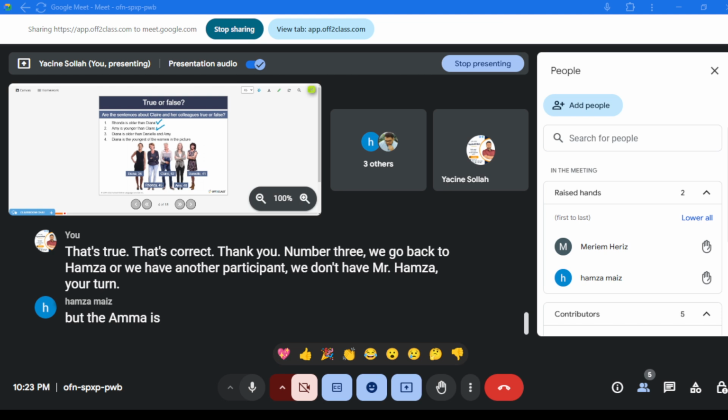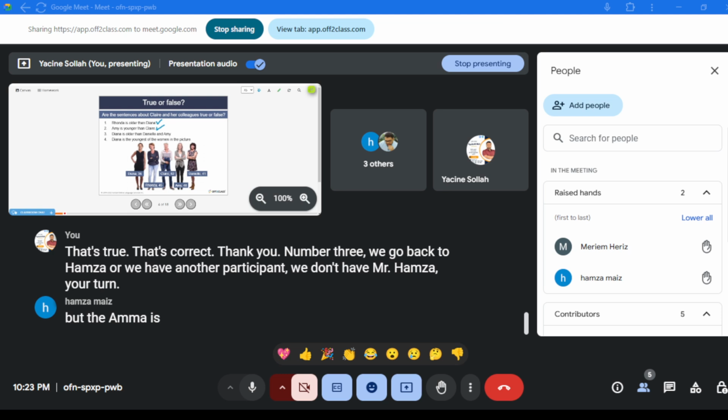Is false because the age of Diana is 36 years old, but Daniel and Ami are more than Diana. For Daniel 41 years old, and Amy 48 years old.